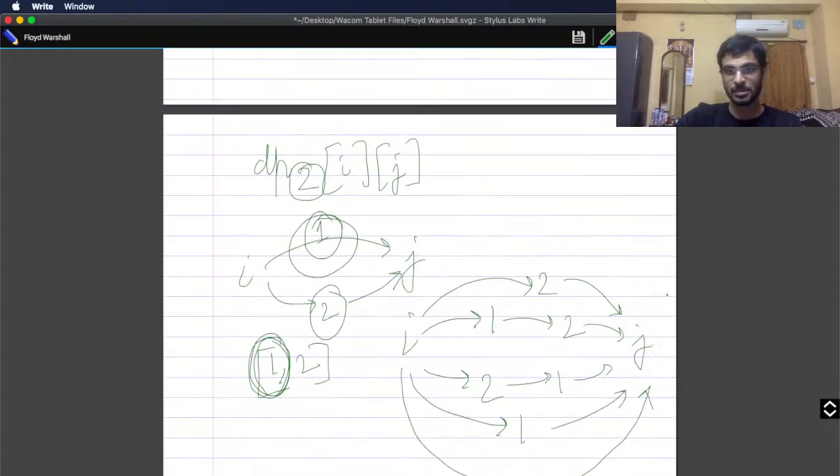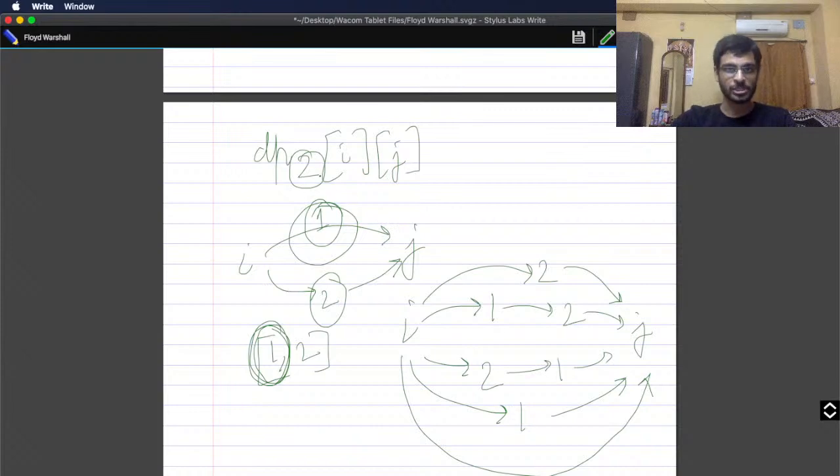Does this make sense? If I'm considering that the first two nodes can lie in between, then these are the possibilities to go from i to j. I can choose either 2 in between, or 1 in between, or nothing in between, or 1 then 2, and 2 then 1. If you have to target the first two nodes being allowed in between, then these are the 5 possibilities.